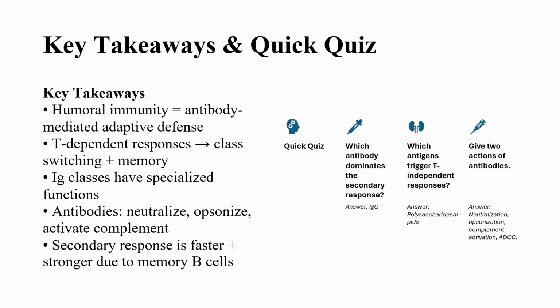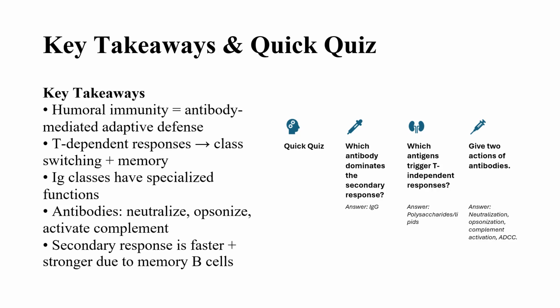When antibodies engage a pathogen, they use a familiar set of maneuvers. They neutralize by blocking binding sites, they opsonize to mark targets for phagocytes, and they activate complement to amplify inflammation and destroy microbes. Those three actions, neutralize, opsonize, complement, capture most of their protective work.